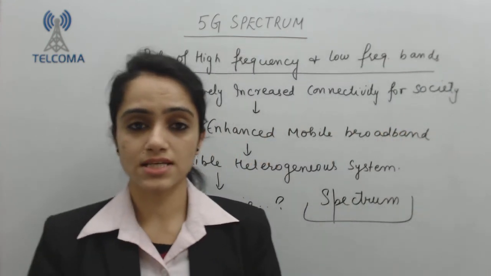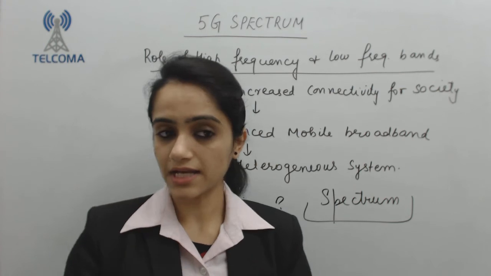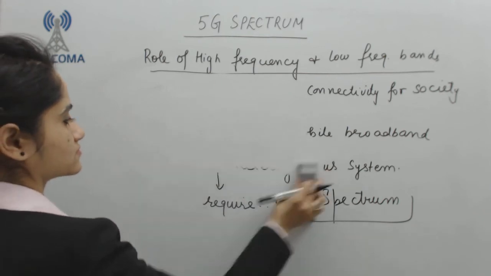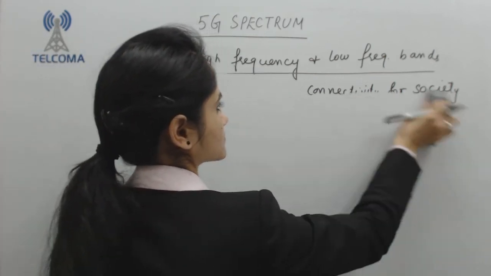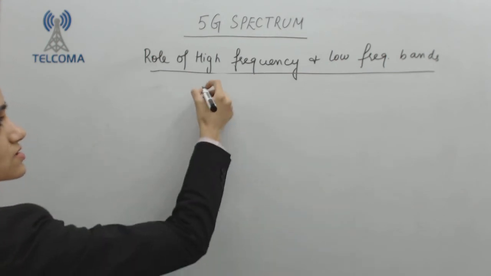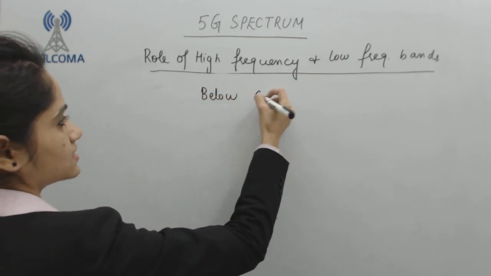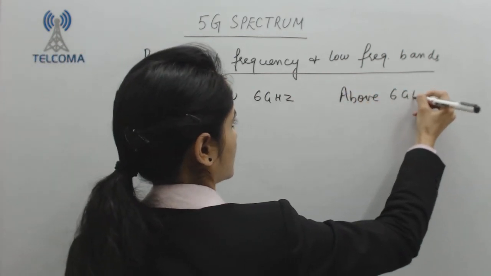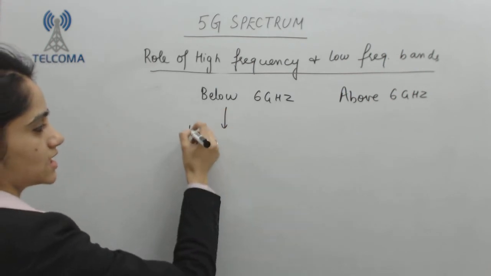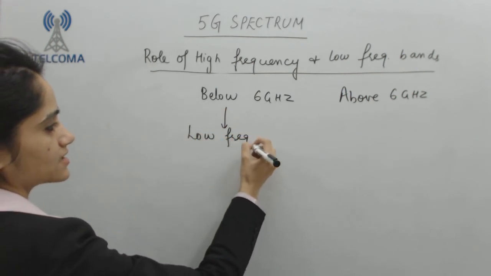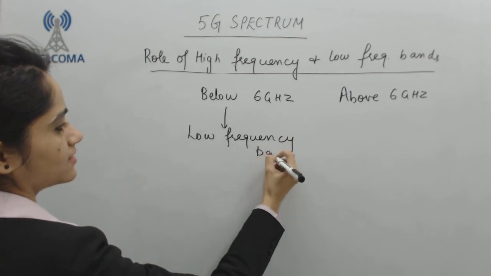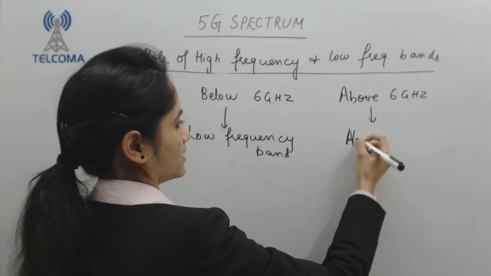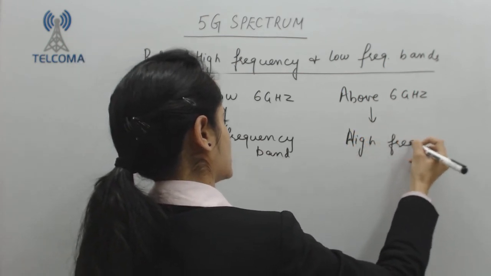Now we have below 6 gigahertz, that means the lower band concept, and above 6 gigahertz, that means the high frequency band concept. So below 6 gigahertz is the low frequency band, whereas above 6 gigahertz is the high frequency band.